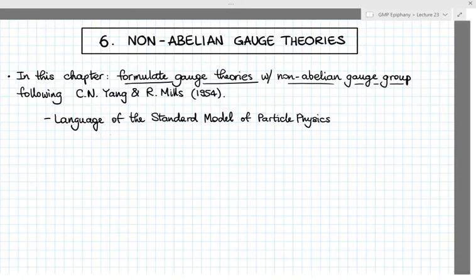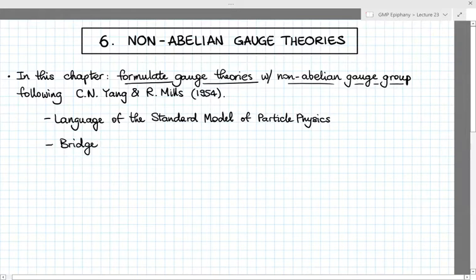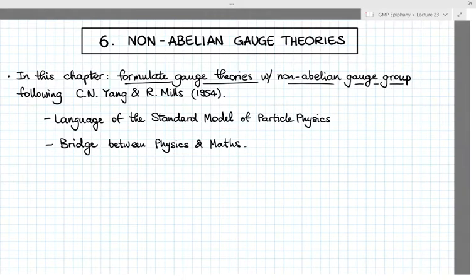And also, as we'll see later in the term, they build a very useful bridge between physics and mathematics. As it turns out, the study of non-abelian gauge theories has led to many developments in both subjects, including quite a few Nobel Prizes and Fields Medals.